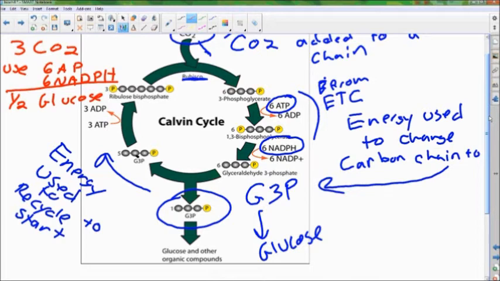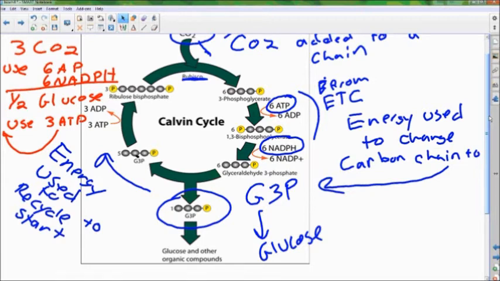But then we can't forget, we also have to use 3 ATP to turn things back around so that it can happen again. This would be the summary that I would want you to understand. The fact that it does go around again, things get recycled. Here's where the carbon dioxide gets in. We use energy, number 1, to convert that carbon dioxide through the molecules into half a glucose, and then we have to use ATP again to recycle and restart the Kelvin cycle.